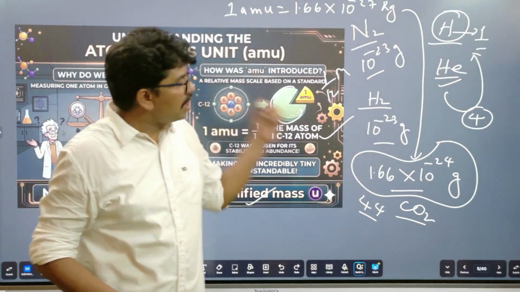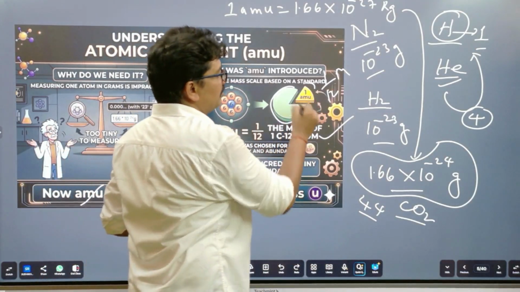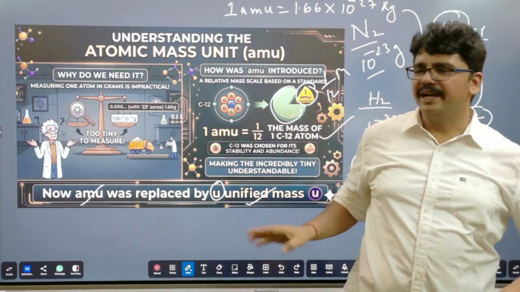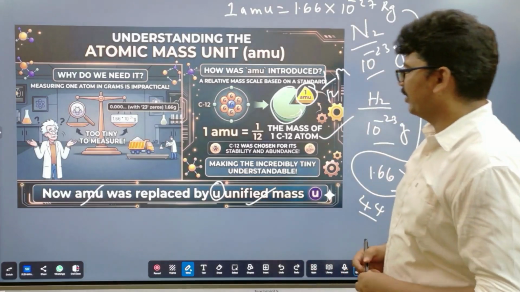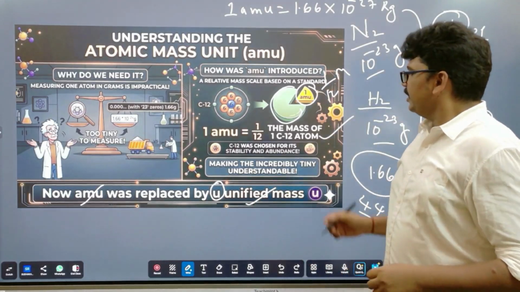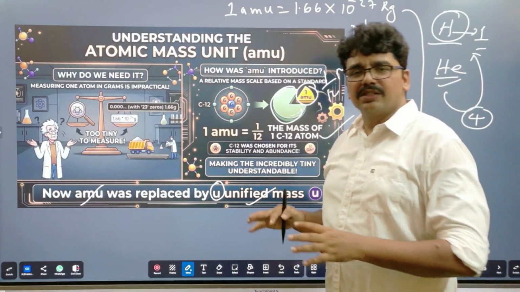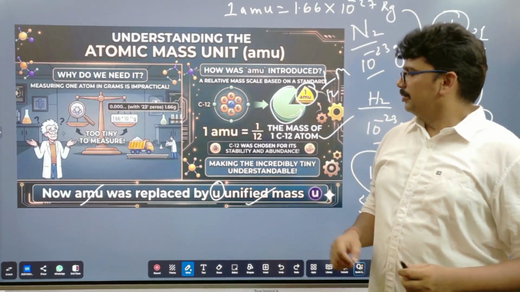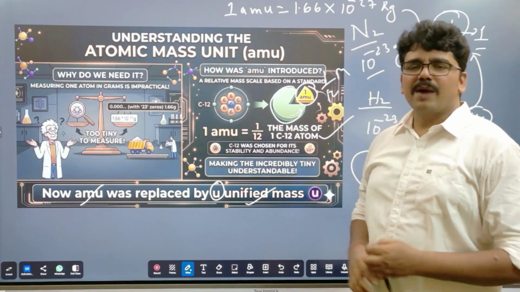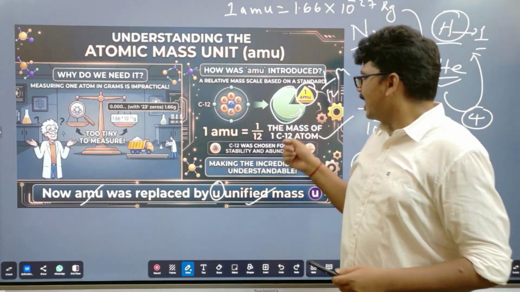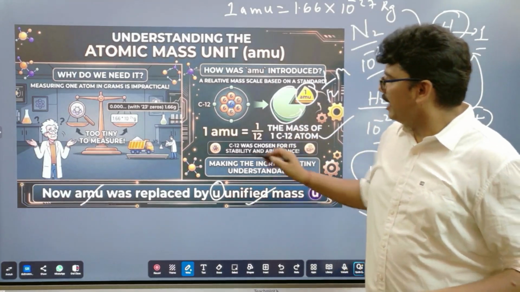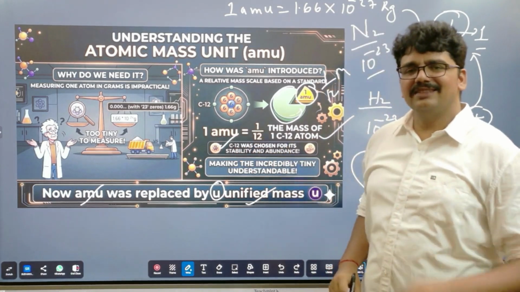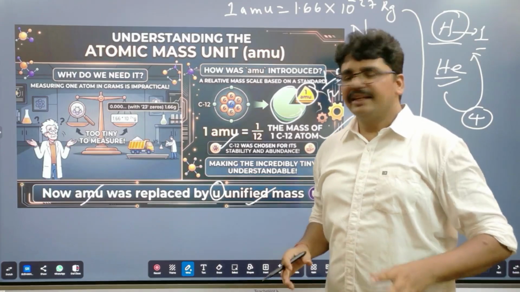But now this AMU is our standard reference, not hydrogen. AMU is a standard reference. This AMU is calculated from the carbon 12 isotope. 1/12 part of the mass of a carbon 12 atom is AMU. And why is the carbon 12 atom taken as reference? What is the reason?